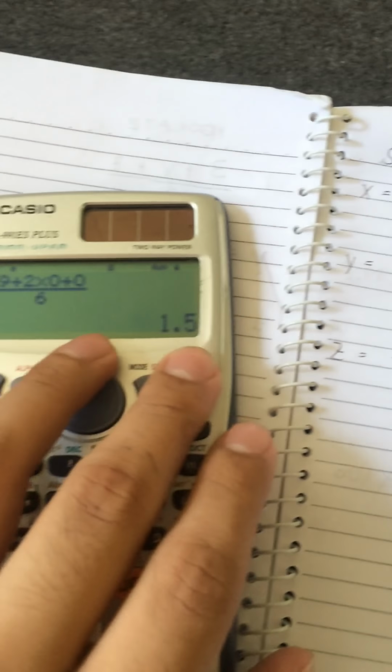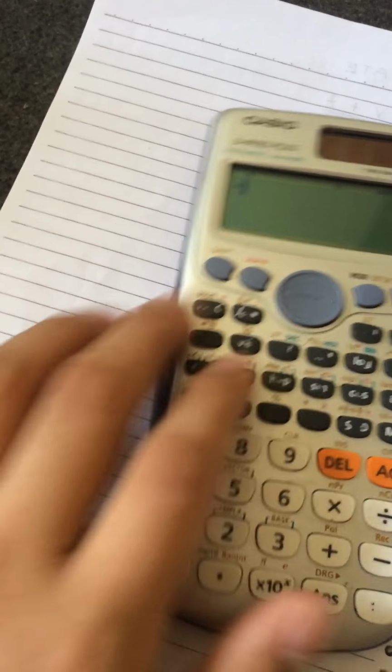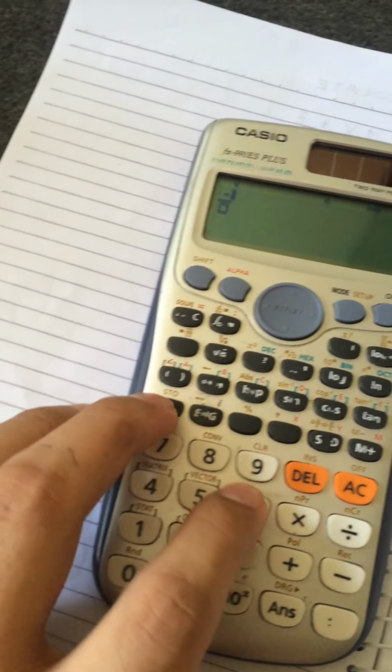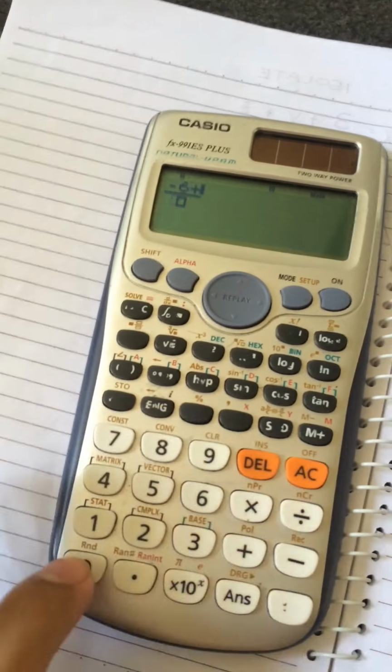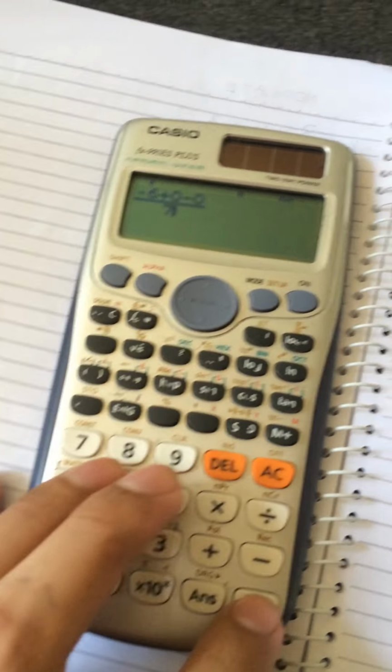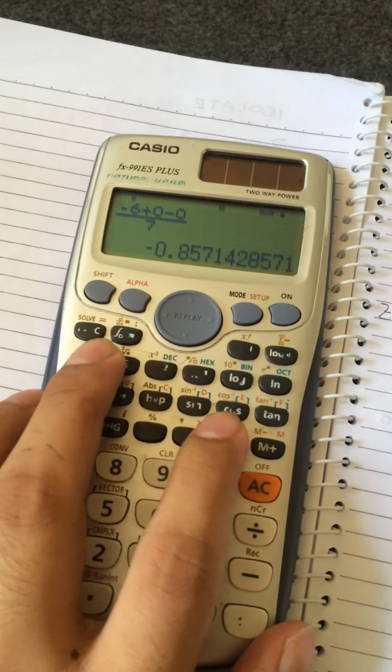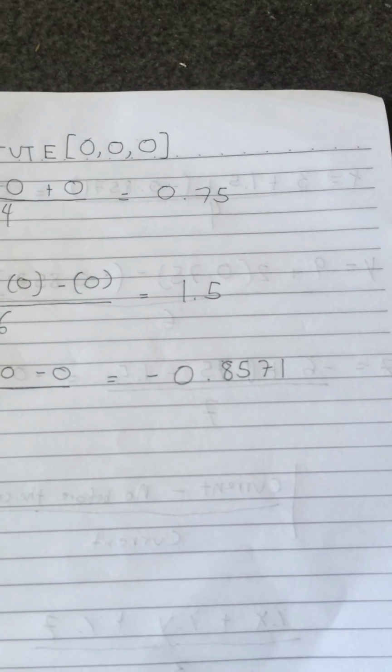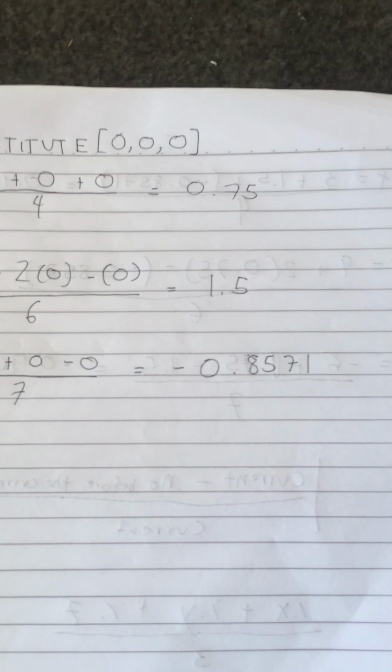It's 1.5. And lastly, negative 6 plus 0 minus 0 all over 7. Negative 0.8571.